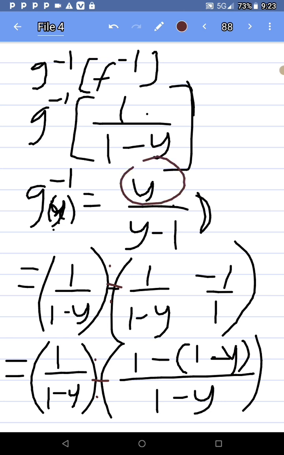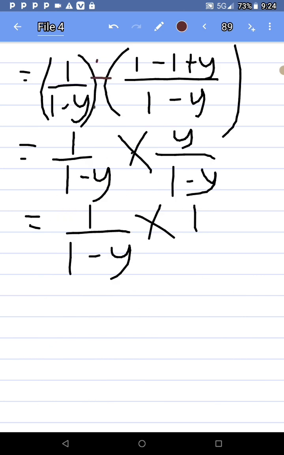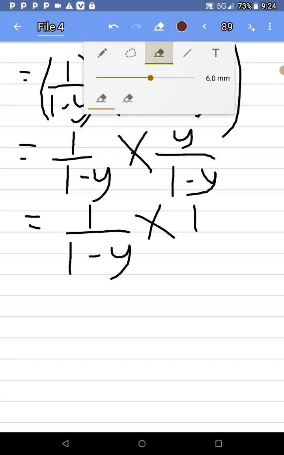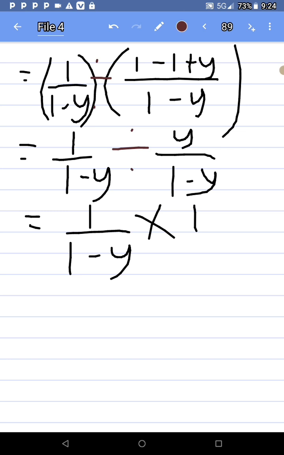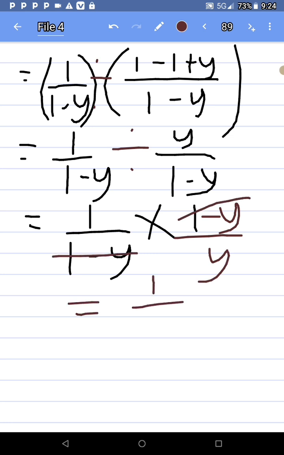This is the numerator, divided by the denominator. So there's a divided by there. This is still division, so the division will now change to multiplication, and then you have 1 minus y over y. This cancels this. We have 1 over y.